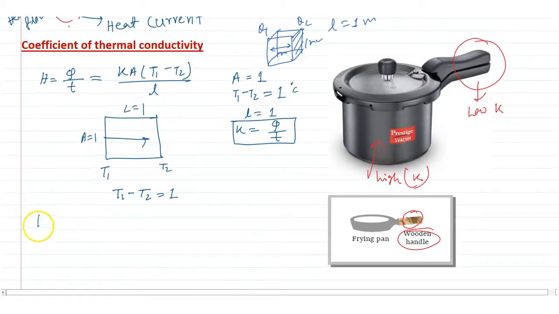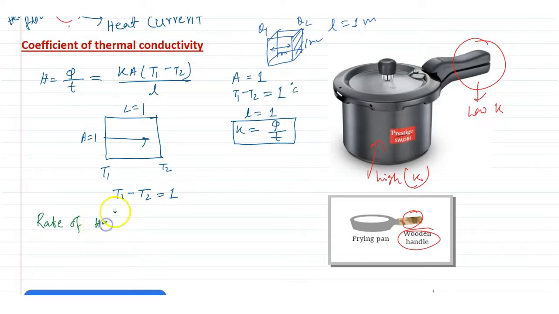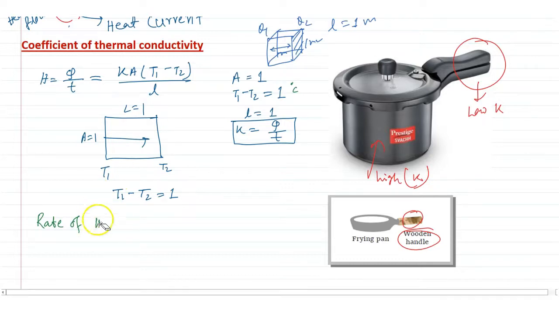So the definition of thermal conductivity will be rate of heat flow per unit cross-sectional area per unit time.